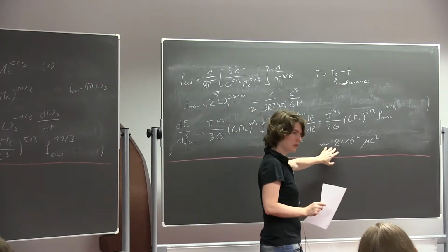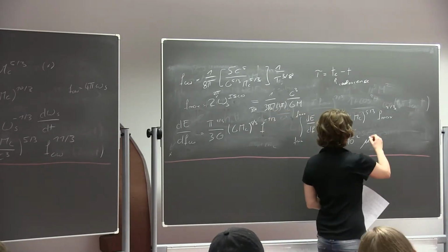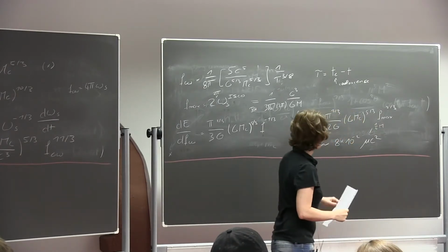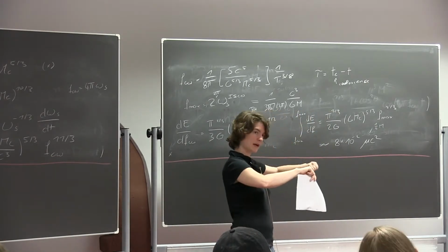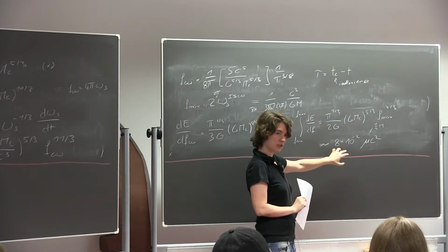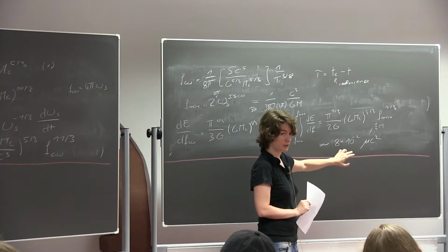Let's look at this for equal mass black holes. For equal mass black holes, the reduced mass is just 1/4 the total mass of the system. So that tells you that if equal mass black holes merge, 2% of the entire energy goes into gravitational wave radiation, which is a huge amount.